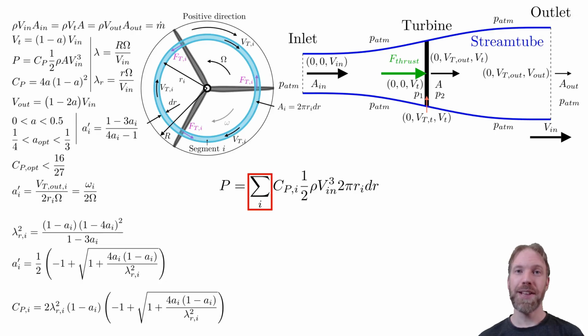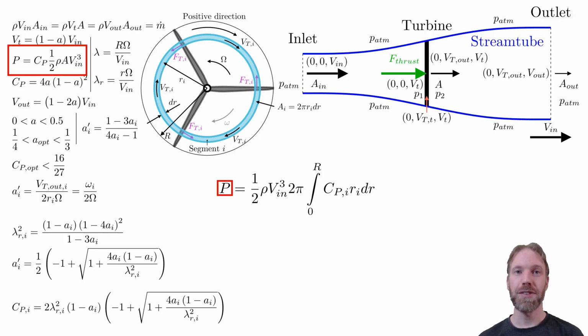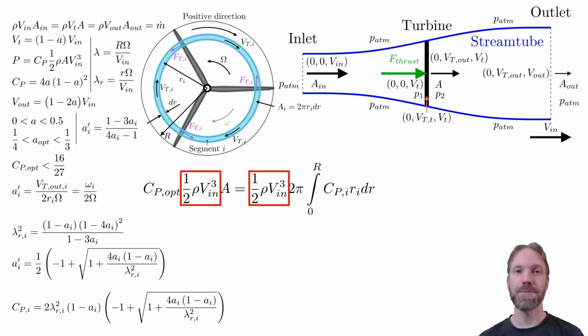Assume that the segment width dr is small, which will turn the sum into an integral. Move constants outside integral. Replace the power with the expression for the power coefficient. Divide by 1/2 rho v cubed.